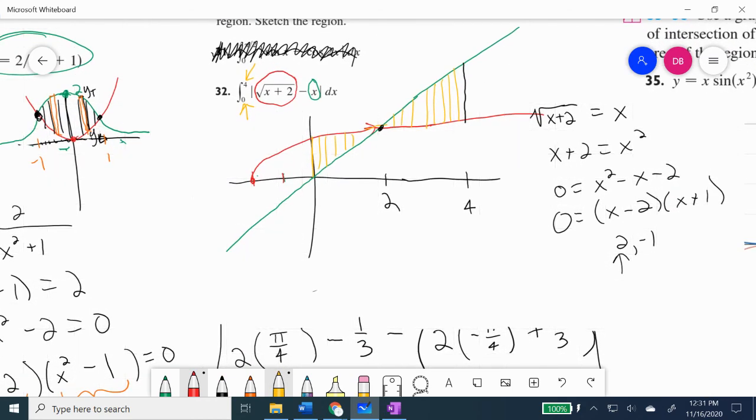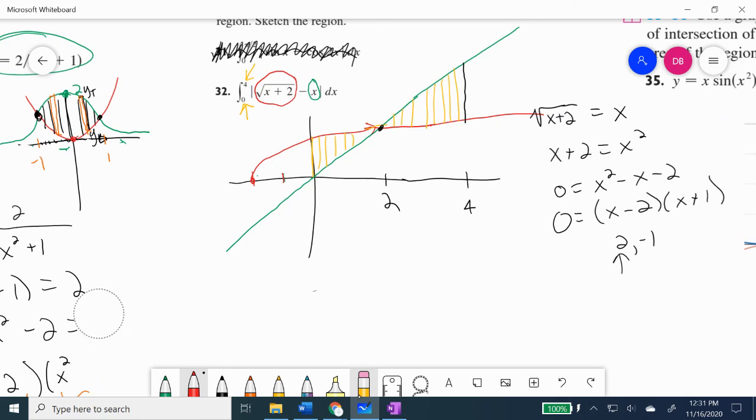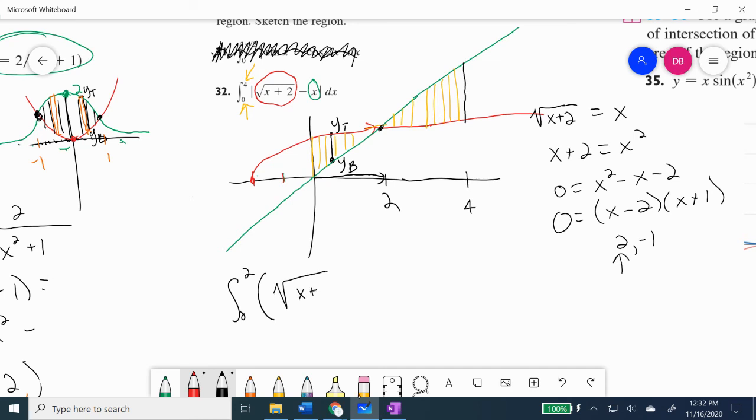So when I go to setting up the integral, I have to set up two integrals. First, from x equals 0 to the intersection point of 2, my top y value minus my bottom y value would be when y is the square root of x plus 2 minus when y is x.